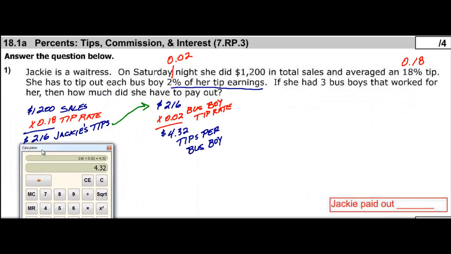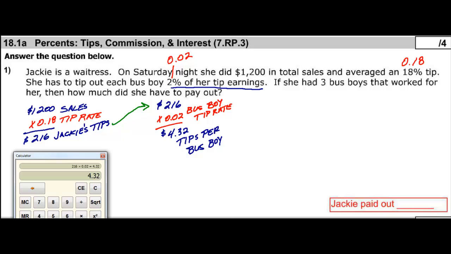So our last step here, we need the tips per busboy, $4.32, times 3 busboys. I noticed when I corrected your tests, there were a fair number of students who wrote 4.32 as their final answer.